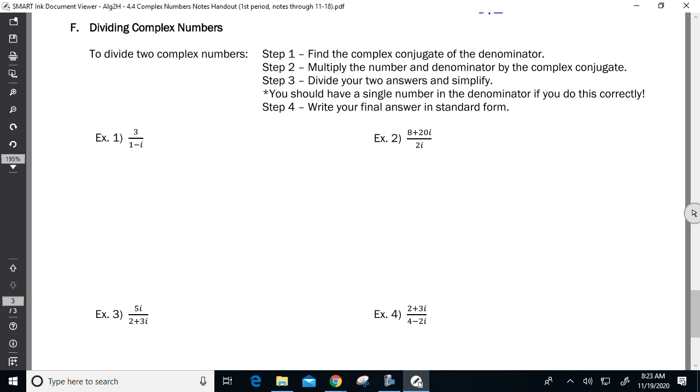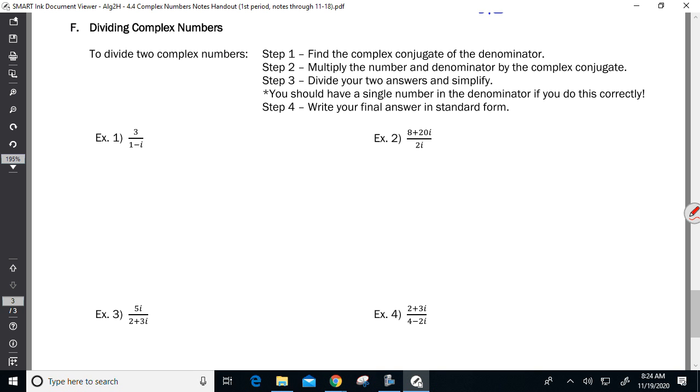So, the last thing with complex numbers is to divide them. Dividing complex numbers is more so tedious than it is anything else, and it's step-oriented. Step 1. Find the complex conjugate of the denominator.